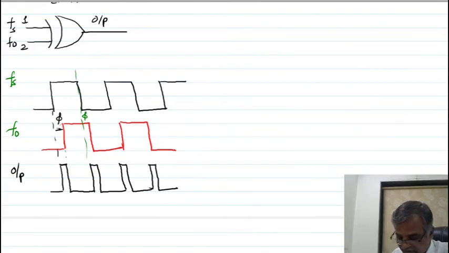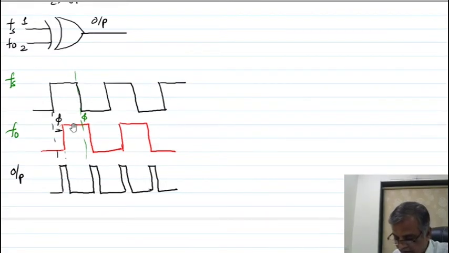Digital phase detector: exclusive OR gate can be used when both the inputs are square waves, and here Fs is equal to Fo. Fs is equal to Fo, and you can say Fs is leading by phase phi compared to Fo.